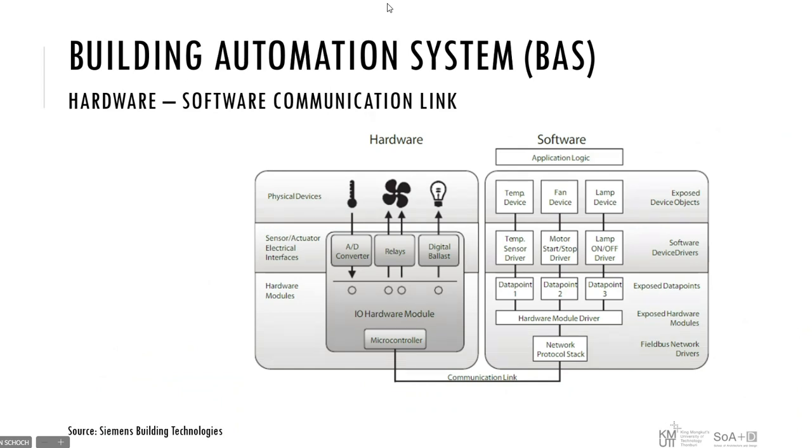This is usually how it looks as a symbolic design, where you have hardware components. And these hardware components are usually physical devices, often referred to as sensors or actuators. So these sensors are usually the physical devices that are responsible for measuring some physical condition, such as the amount of daylight, the indoor air temperature, the indoor air humidity, or the presence of people in the room.